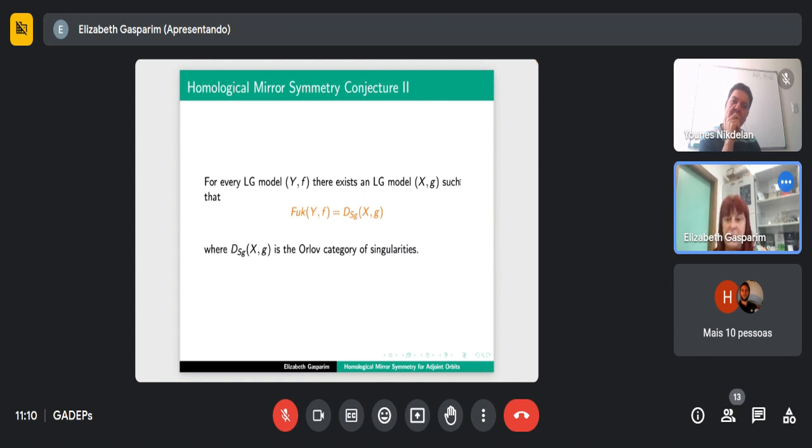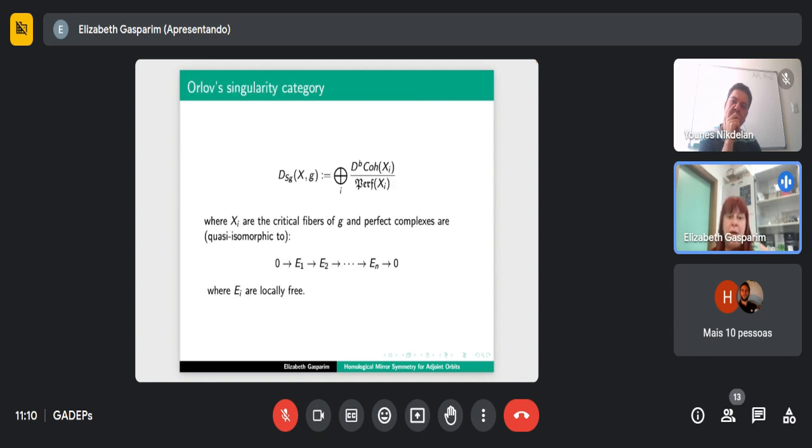singularities of XG. Now, what category is that? You take the D^b, the original one, and mod out by perfect complexes. That means things which consist of a sequence like that of finitely many locally free sheaves, so essentially finitely many vector bundles.